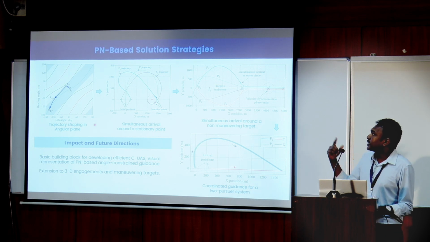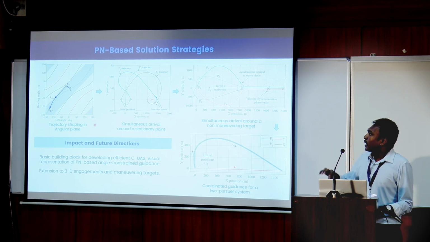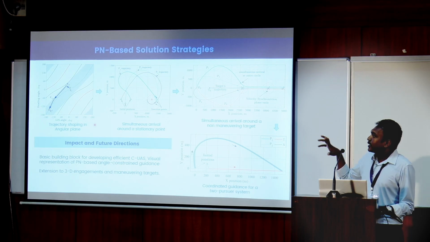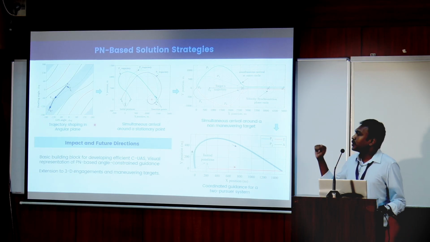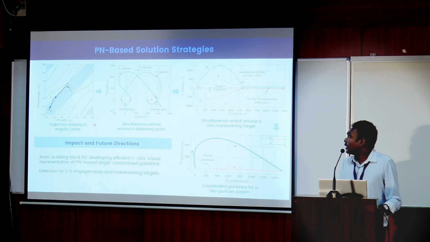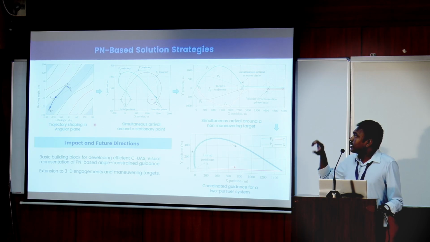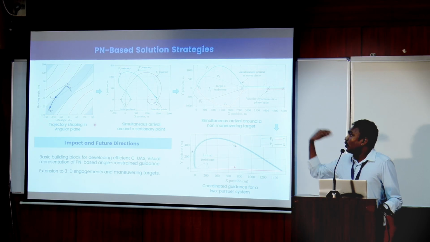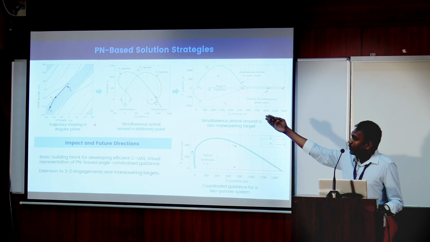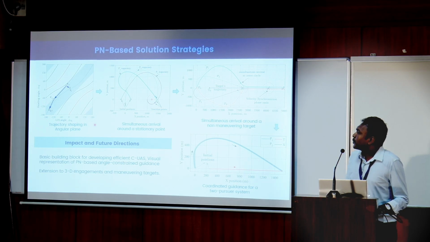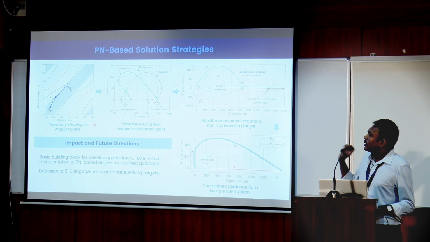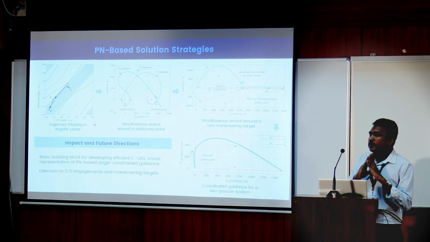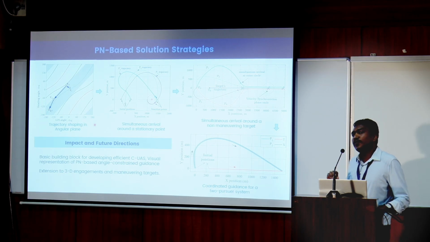So the next work was to encircle a stationary target, where we have to simultaneously arrive at the stationary target. So we can add an extra phase that will adjust the time-to-go over the given first angle constraint case. Now, just adjusting the navigation gain is not sufficient for a moving target case.